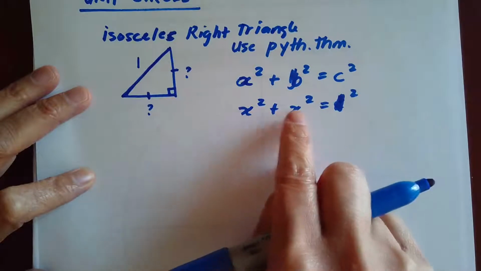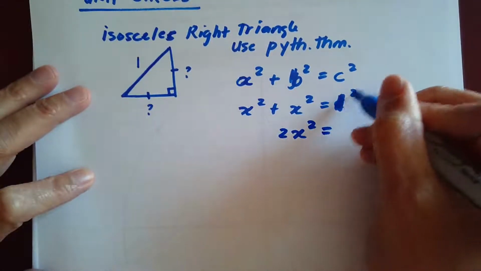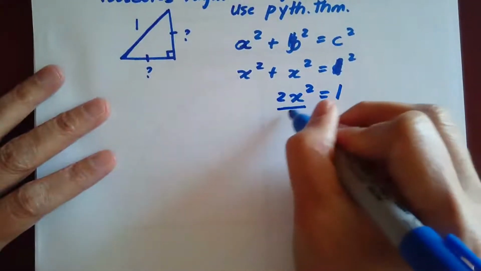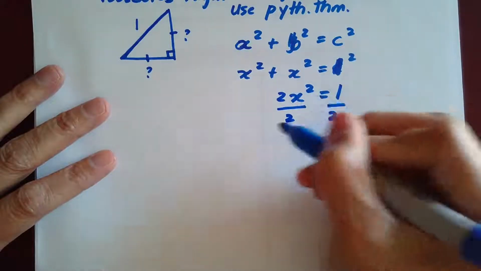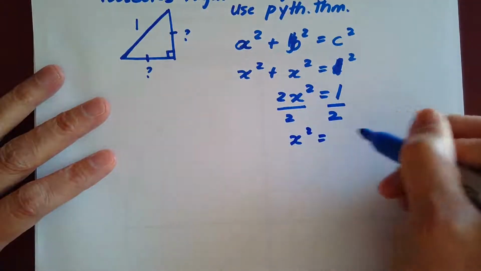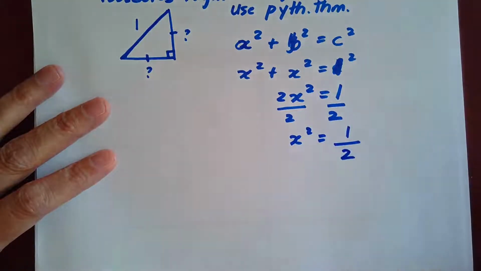Because x squared plus x squared gives us 2x squared equals 1 squared, which is just 1. Divide both sides by 2. The 2's cancel. We have x squared equals 1 over 2.